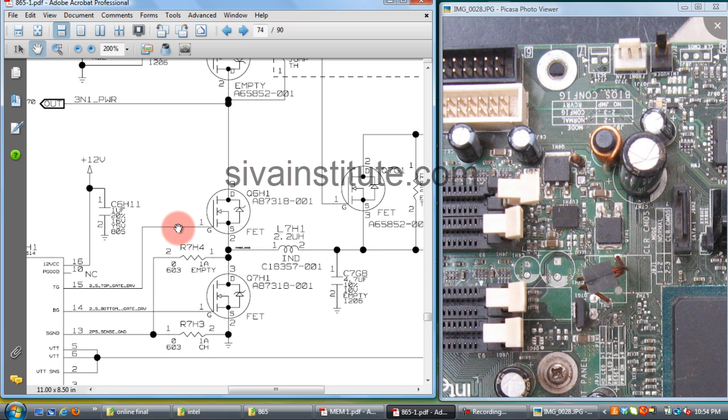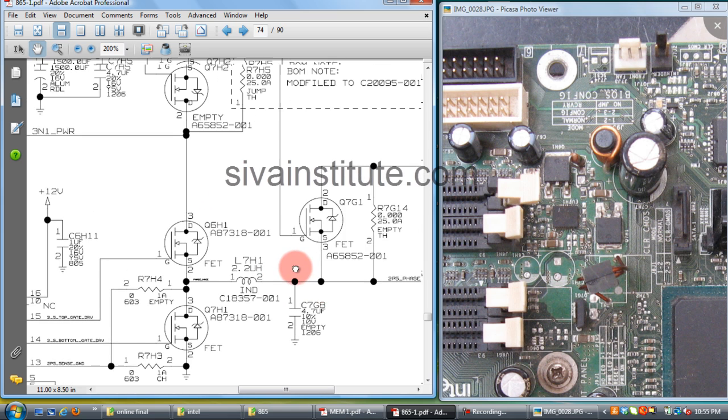When 2 volts is present here, this voltage comes to pin number 2. This is gate, drain, source. When you give voltage to the gate, the drain voltage comes from the source to this L7H1 coil.